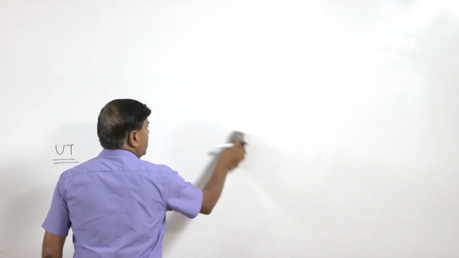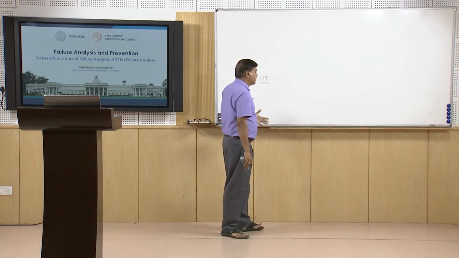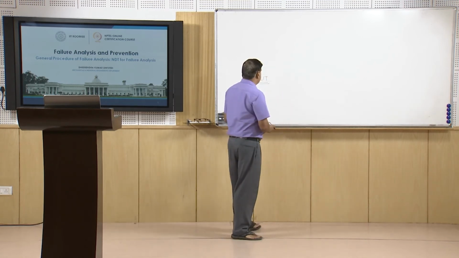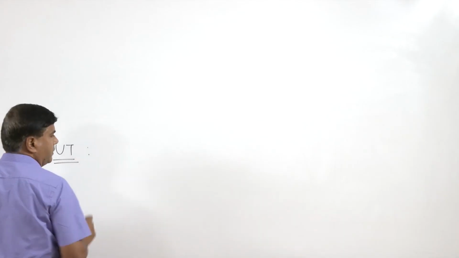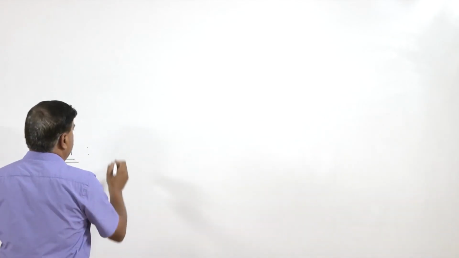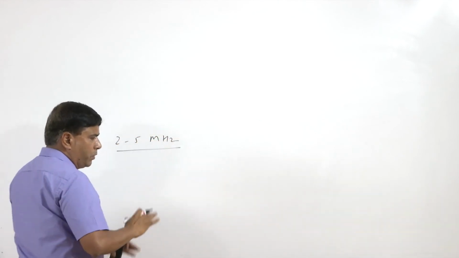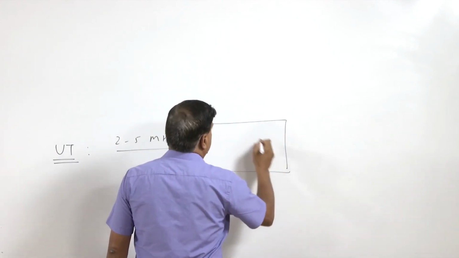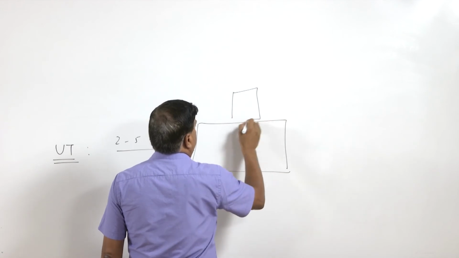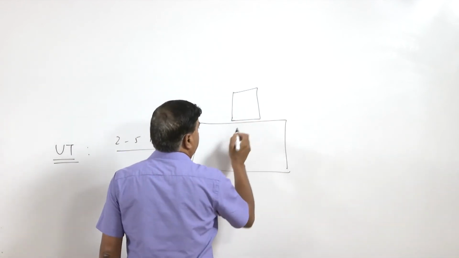This method is applicable for a variety of materials and a different range of thicknesses. It works on the use of ultrasonic waves of 2 to 5 megahertz, and it works on two principles. One is that when the ultrasonic waves are directed with the help of the source, they will be reflected.